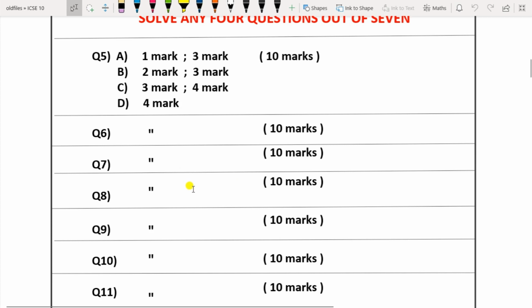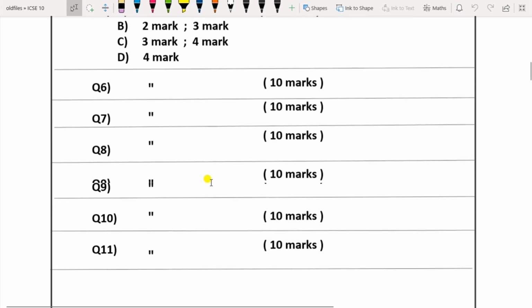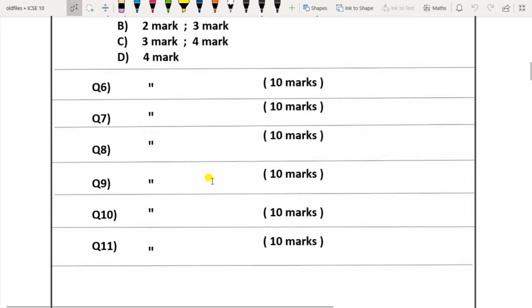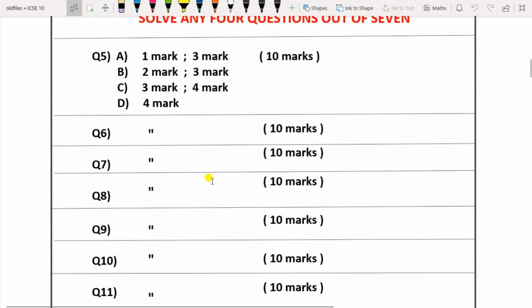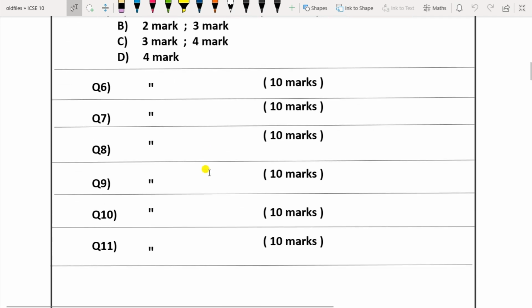In section A there are some easy questions, but section B has some tough questions and you need to give more time to your section B. Your whole paper is of 2.5 hours, so at least in 1 hour you should complete your section A, and section B will require nearly 1 hour and 15 minutes, and the rest of the 15 minutes you can check your paper or the questions you have not answered.